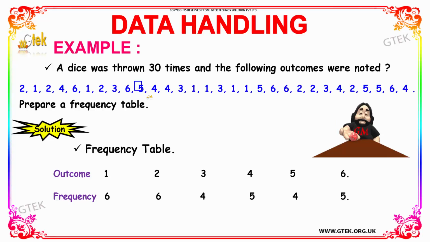So you can find 5 four times. You can find 6 to be your outcome 5 times in your data set: 1, 2, 3, 4, 5. So this is how you have to construct your frequency table.